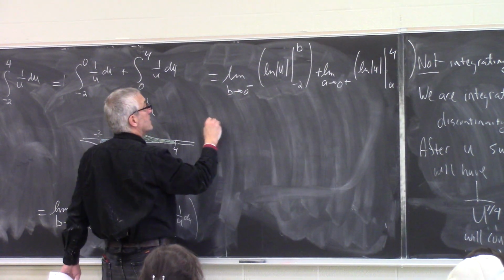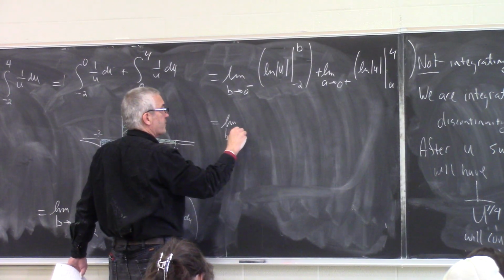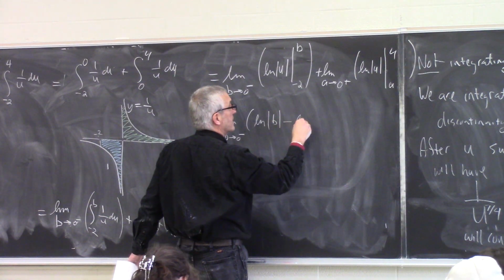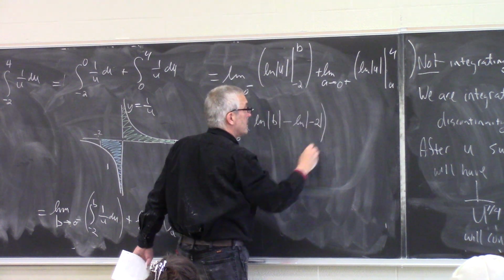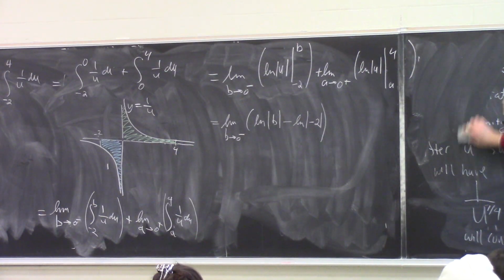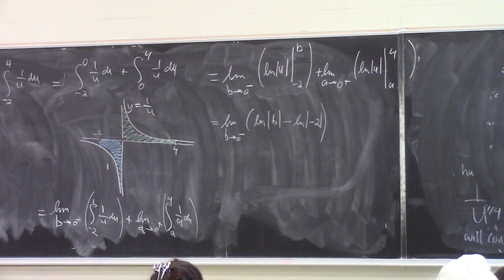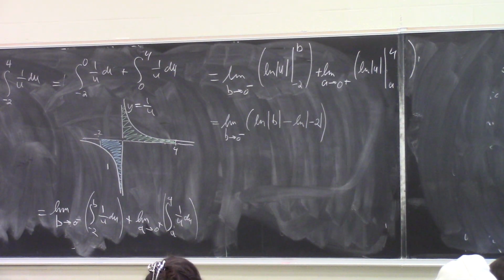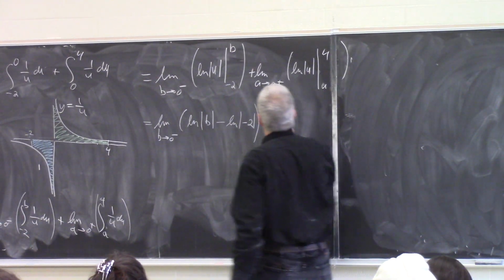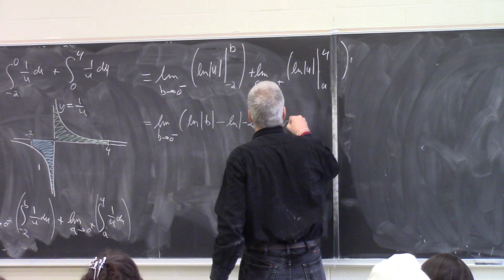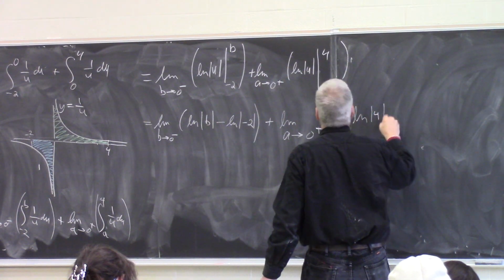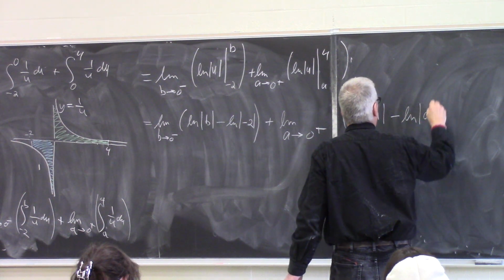All right, so this is the limit as b approaches 0 from the left of ln of absolute value of b minus ln of absolute value of -2, and then over here we have plus the limit as a goes to 0 from the right of ln of absolute value of 4 minus ln of absolute value of a.